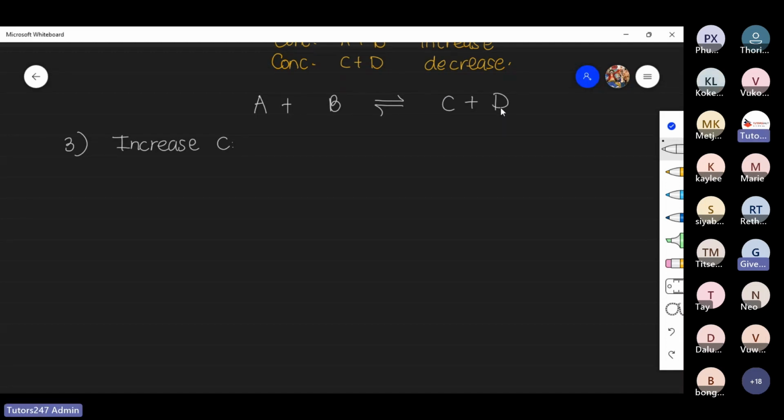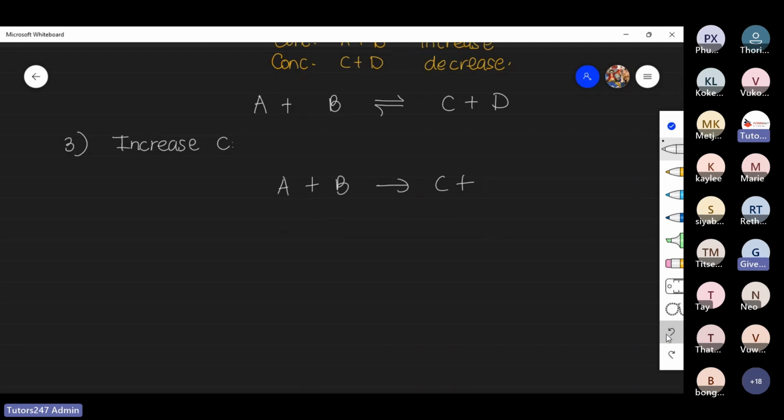We've got A plus B on the left, C and D on the right. Keep in mind, because it's reversible, you can say A plus B to produce C and D, or you can say C and D to produce A and B. But if the equation was written like this, that means you can only say A and B produces C and D. If the equation was written like this, you can only say C and D produces A and B. But because it's a reversible reaction, you can say either or.